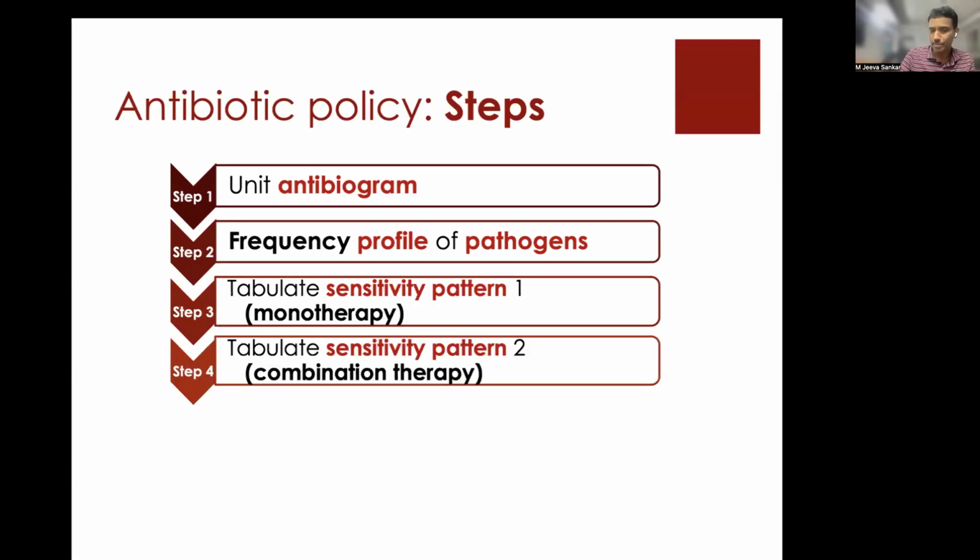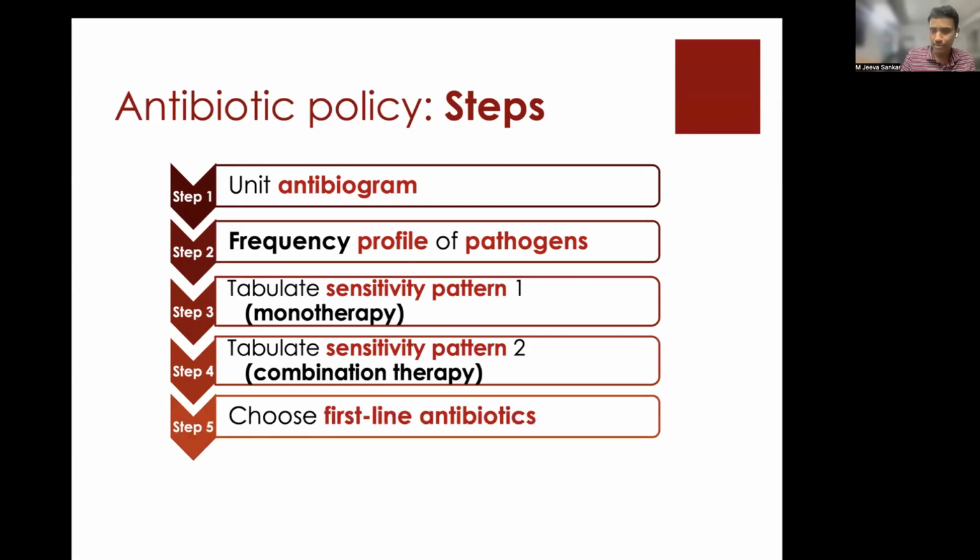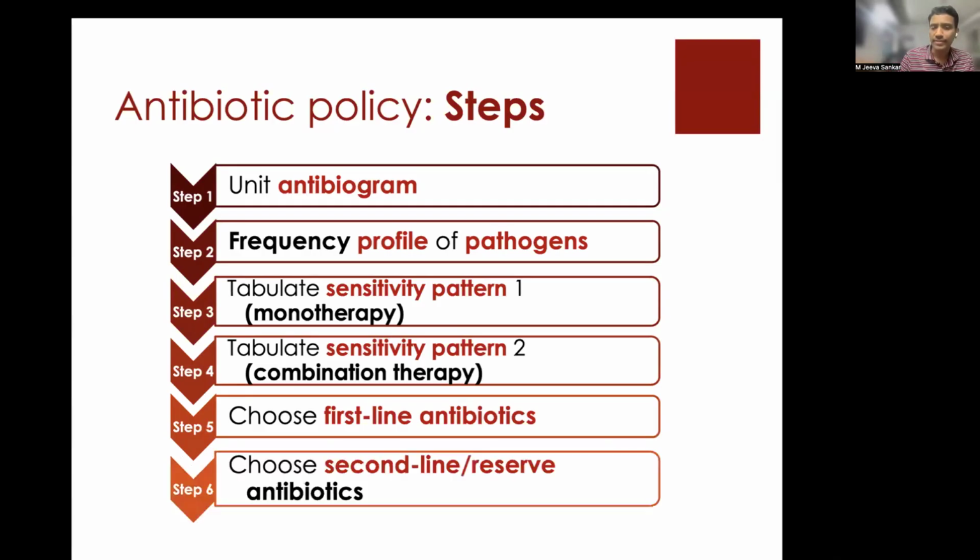Then tabulate the sensitivity pattern for the combination therapy, so you have AMP plus Genta, Piptaz plus Amikacin, and so on. The fifth step is to choose the first line antibiotic based on step 3 and step 4. And the sixth step is to have a second line or reserve antibiotics. So there are 6 steps. I will explain in the subsequent slides, so don't worry about that.